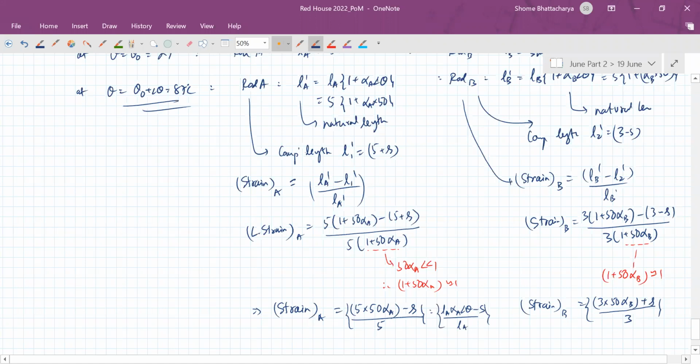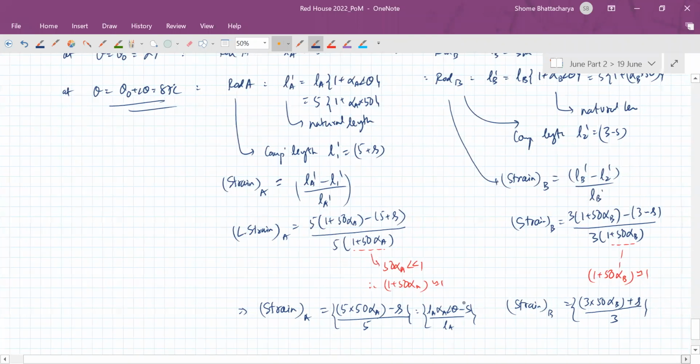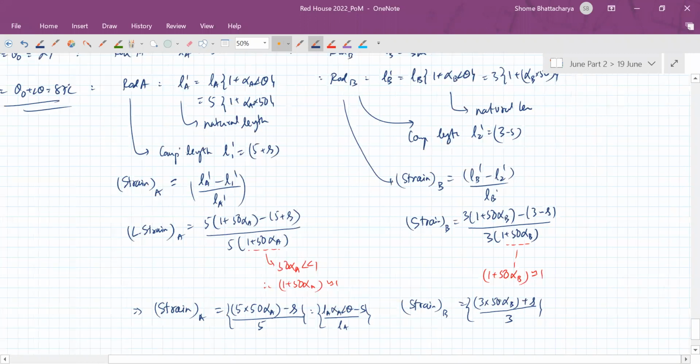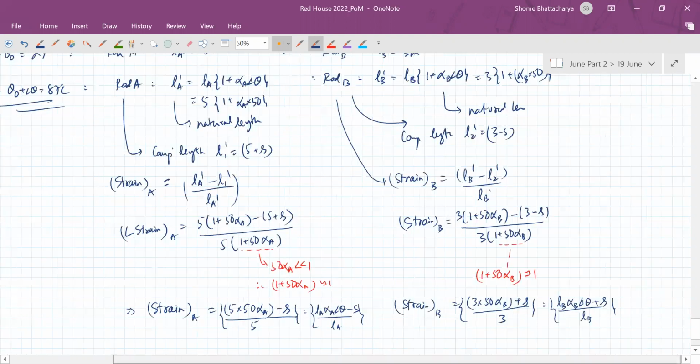And this will basically be the original natural length into alpha B into delta theta plus s, upon the original natural length. This kind of expression.